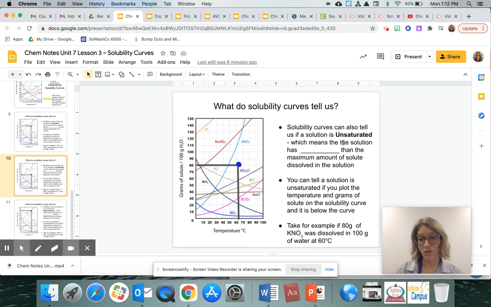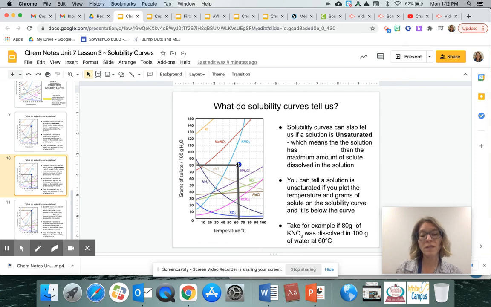If it's unsaturated, again, we are looking at KNO3 as the example. So we're looking at this turquoise line. So this time we took 80 grams of solute dissolved into 100 grams of water at 60 degrees Celsius. So here's our 80 grams of solute at 60 degrees Celsius. And so the mark would be here, which is under the KNO3 line.